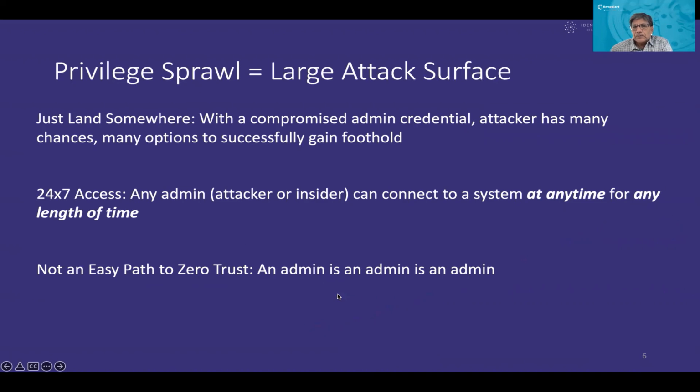So again, privilege sprawl means a large attack surface. You just land anywhere in the organization, and you may be able to move laterally, gain a foothold, and then use that foothold to do other things.